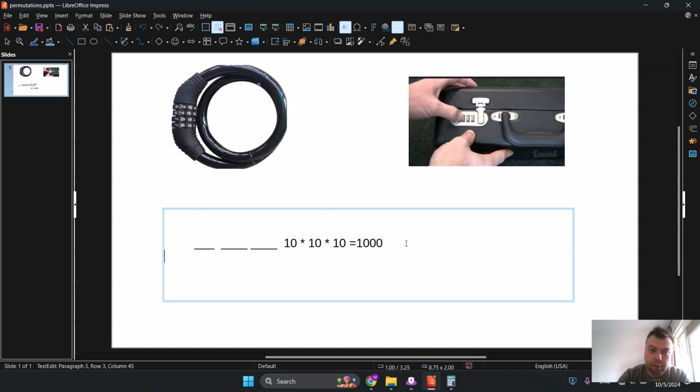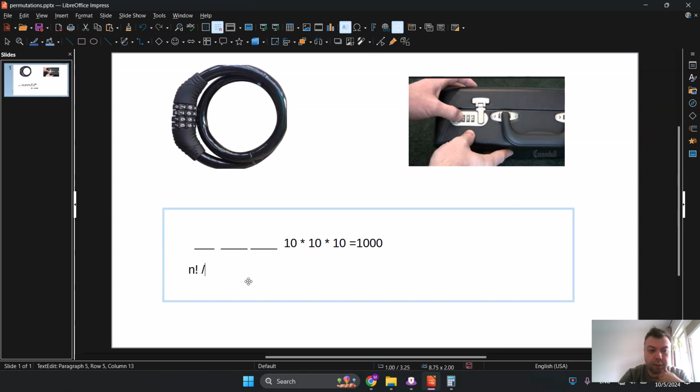Here repetitions are allowed. If repetitions were not allowed, the number of variations would be smaller. It would be according to this formula: n factorial divided by n minus k factorial. If you're interested in combinatorics, this is used for variation without repetition. But here we can obviously do repetition.